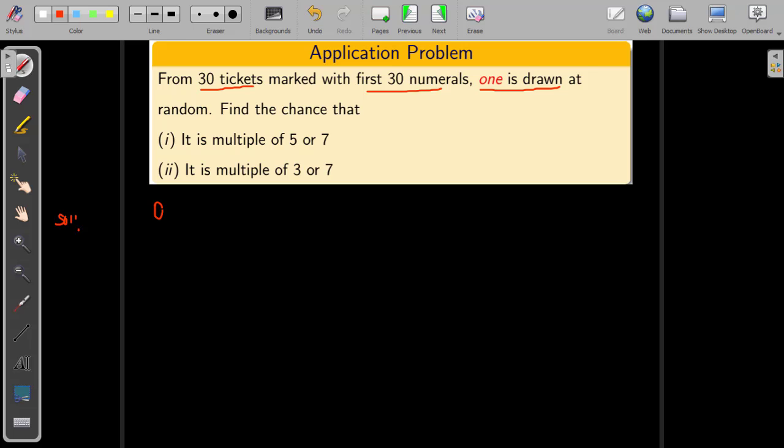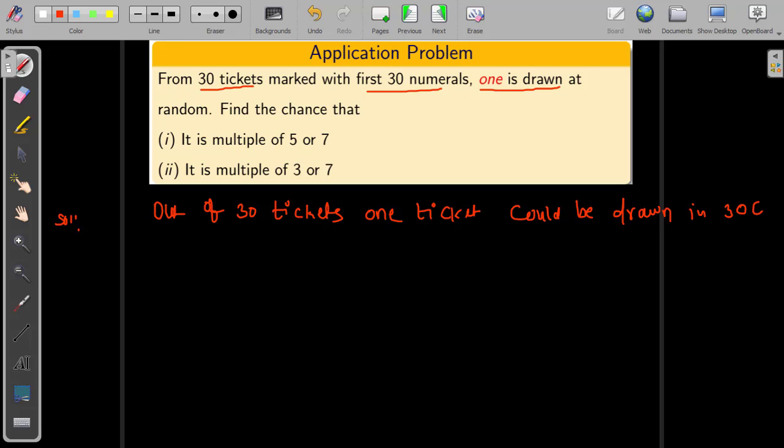Out of 30 tickets, one ticket could be drawn in 30C1 ways.